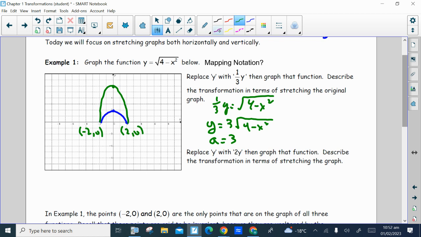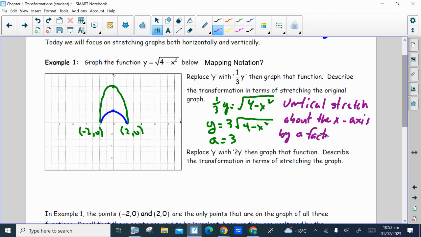So again, the end result here is that we got a vertical stretch about the x-axis, and this is important, it needs to be there, by a factor of 3.